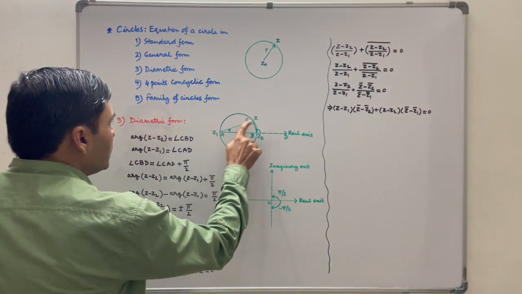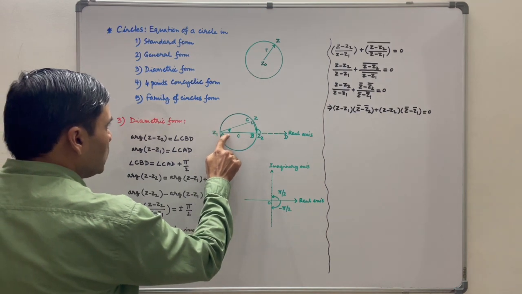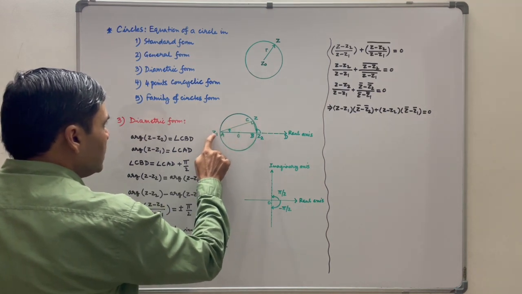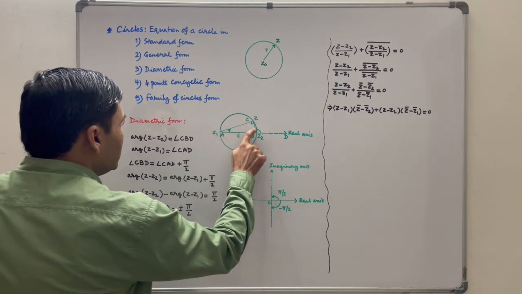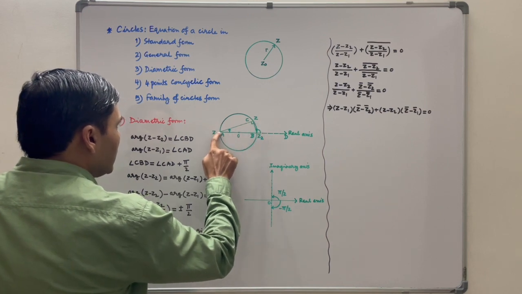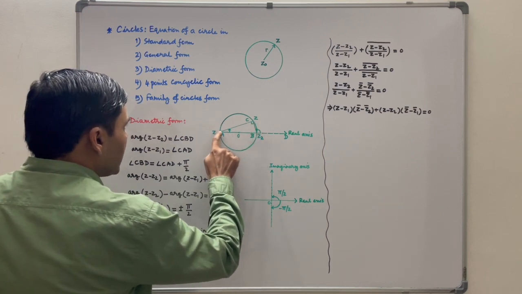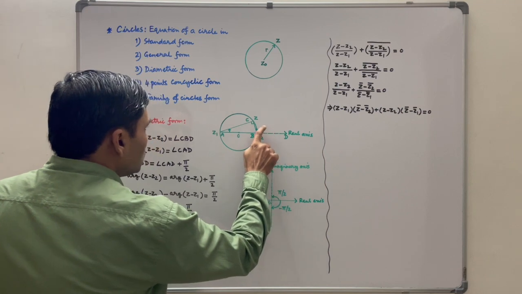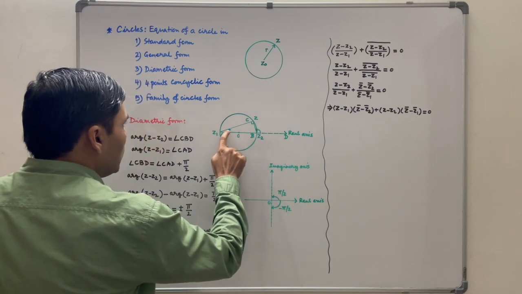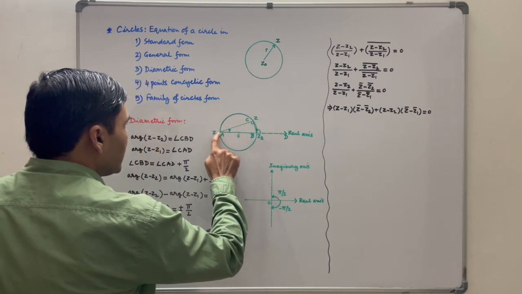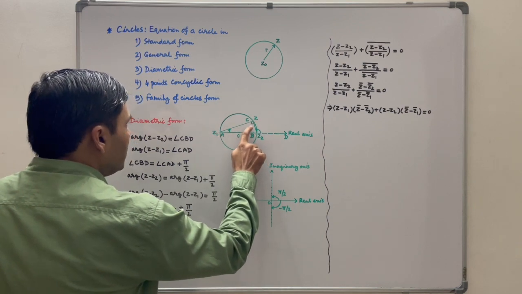And argument of Z minus Z1 is equal to this angle, angle CAB. This angle is external to triangle ABC with side AB extended. So angle CBD is equal to angle CAB plus angle ACB. And we know that this angle is 90 degrees.